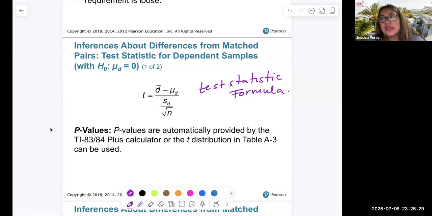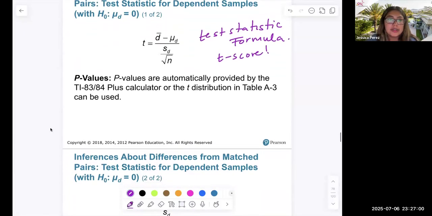We will not be asking you to do this by hand. We will be using StatDisk as well. We are also going to be finding p-values. Those p-values will be identified using your TI-83 or TI-84, or in this case, by StatDisk, or a t-distribution in table A-3. So the test statistic is actually going to be a t-score. Okay. So when we're looking at dependent samples, we are going to be looking at a t-score.